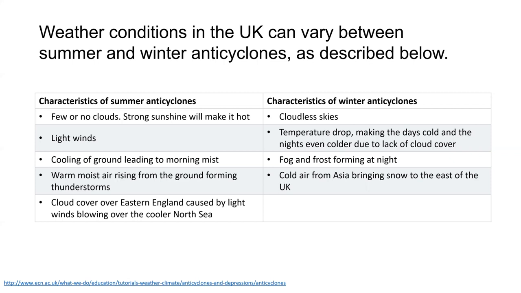Whereas in summer, if you get a bit of moisture or quite a bit of pollution in the air, summer anticyclones can be really quite hazy, and that can block quite a bit of sun getting down to the ground in a particularly deep example.